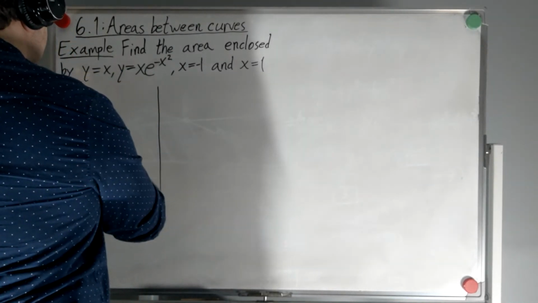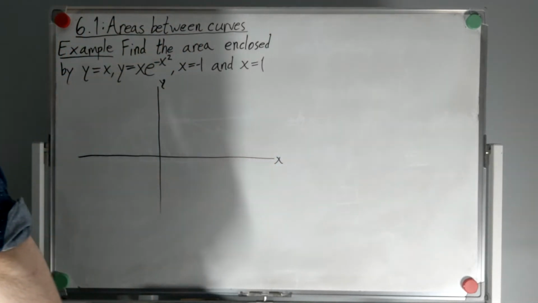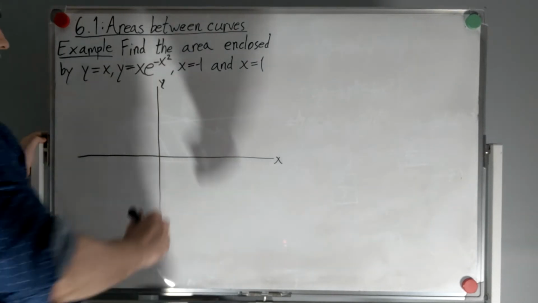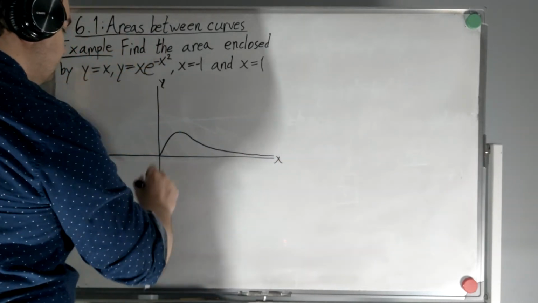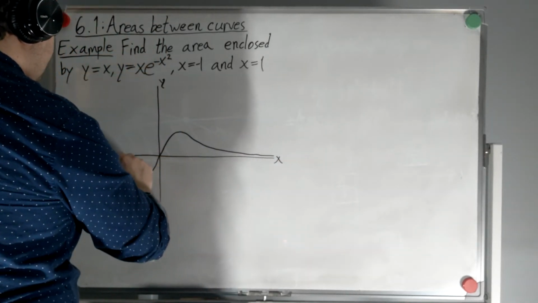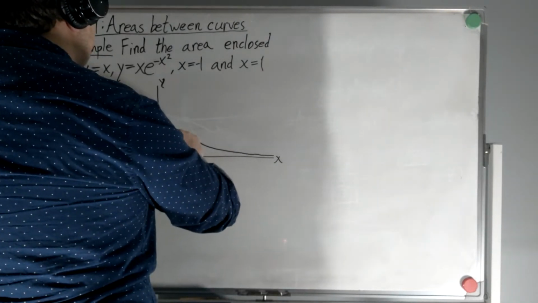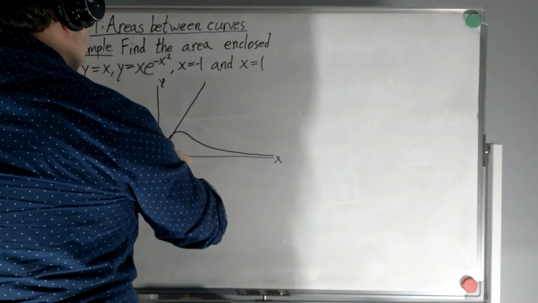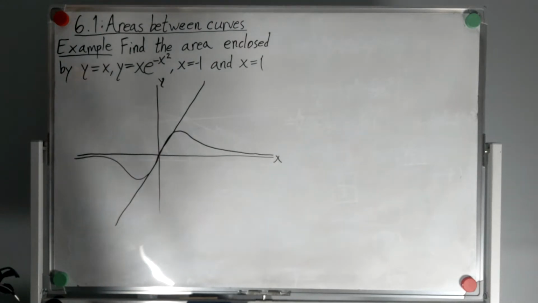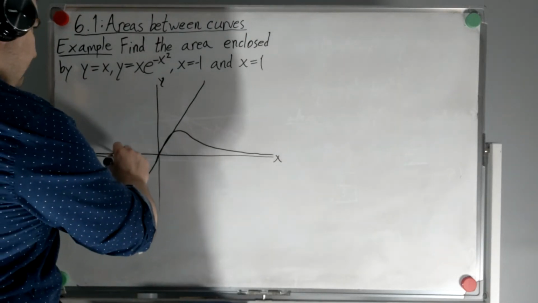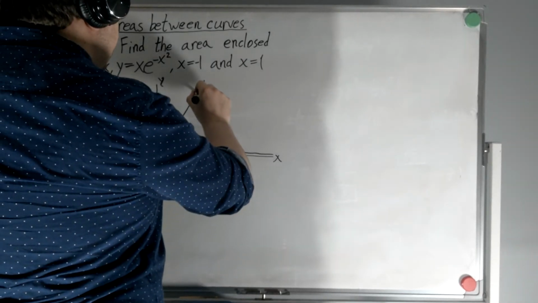As always, a more detailed diagram can be found in my notes, but I'll just produce a sketch. y equals x e to the negative x squared is a graph that kind of looks like this. y equals x is a graph that kind of looks like this. And we are trying to find the integral between x equals -1, which would be like right over here, to x equals 1, which would be like right over here.